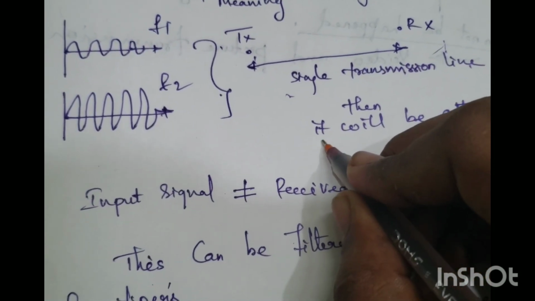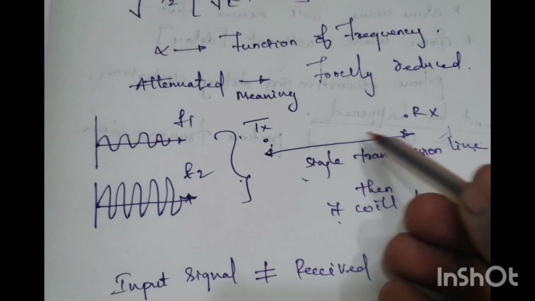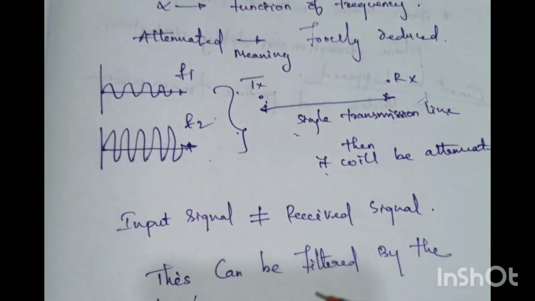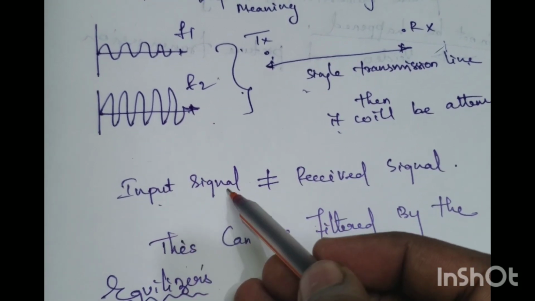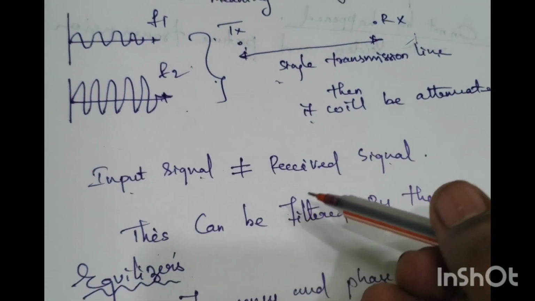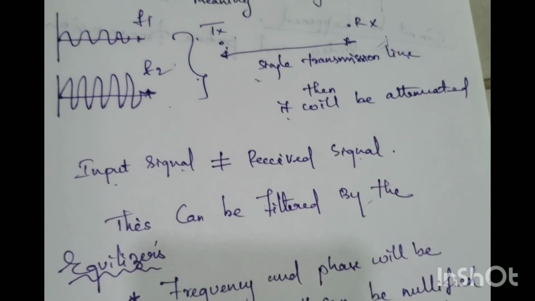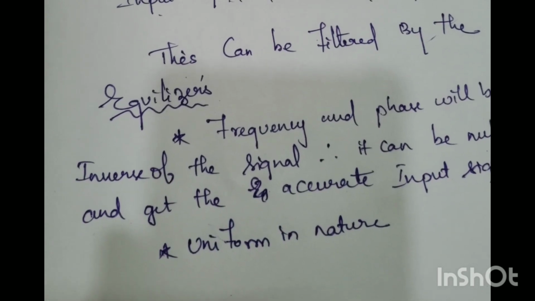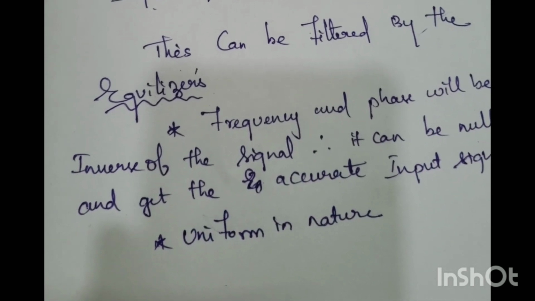If it has been attenuated and distorted with f1 and f2, then the input signal is not equal to the received or output signal. It can be filtered by an equalizer. An equalizer equalizes the distorted waves.